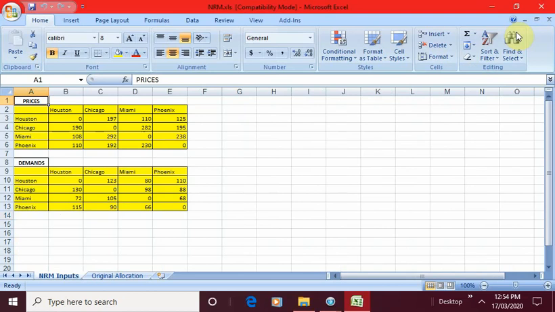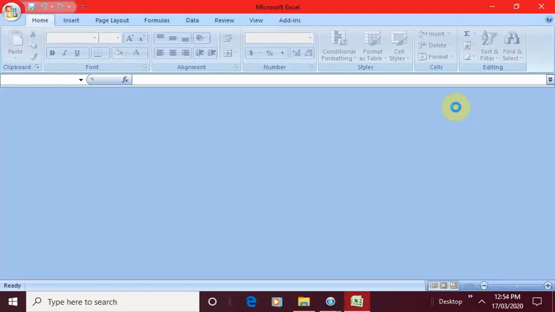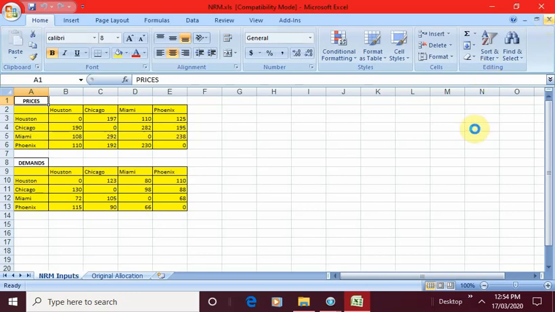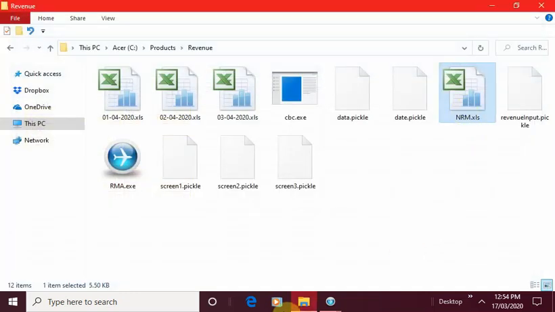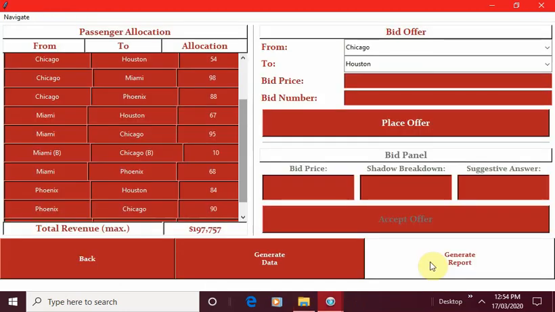Sorry, this particular report was open and needs to be closed. It needs to be generated again. Let's generate.